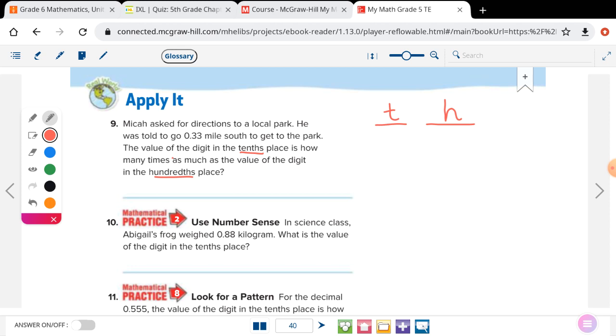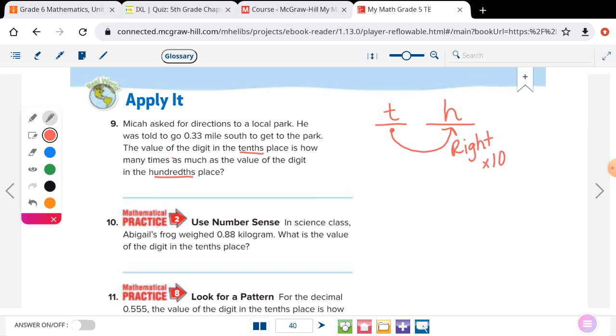The value of the digit in the tenths place, which means that's my starting point, is how many times as much the value in the hundredths. So I'm comparing it to that one. Tyson, which way is my arrow going? To the right. So it's moving to the right, which means it's times 10.